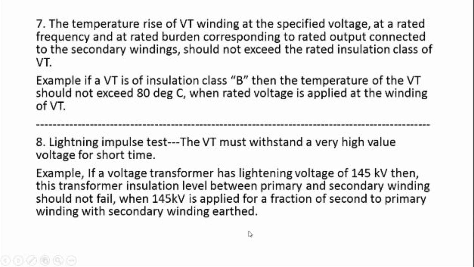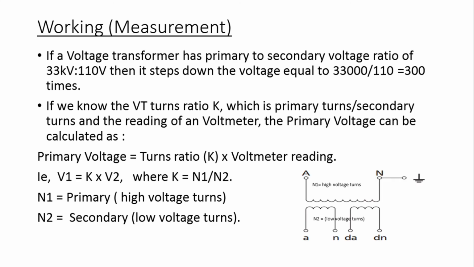All of the above points are covered in routine and type testing of VTs after manufacturing, and we have to check these parameters in testing. And if the VT withstands all tests, then only it is used for installation in a live system. Next point: if a voltage transformer has a primary to secondary ratio of 33 kV by 110 V, then it steps down the voltage by 33,000 by 110, that is equal to 300 times.